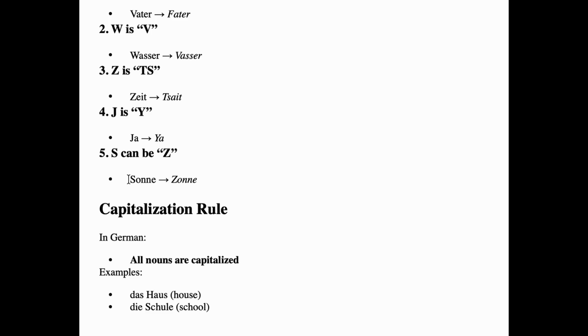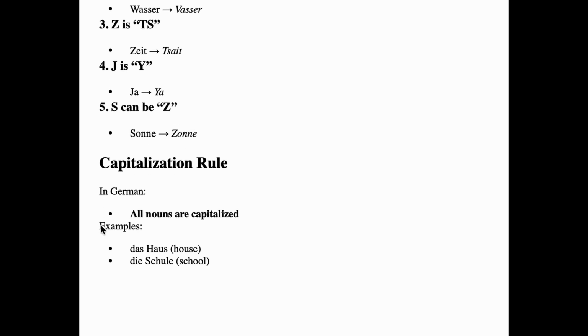Now the most important thing in the German language is the capitalization rule. In German, all the nouns are capitalized. What are nouns? Nouns are the name of a person, place, thing, animal, any name, right? Every noun's first letter will be capital in German.